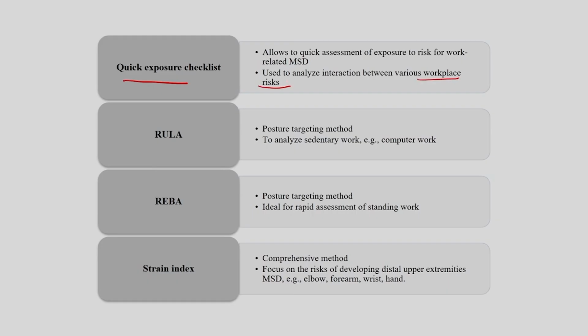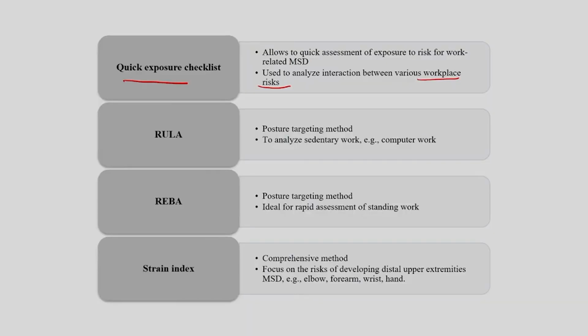First is the level of discomfort or level of risk, and then what are the associated workplace factors which are causing that risk, that we get from QEC. From RULA, it's a very posture targeting method, and it helps us to analyze sedentary work like seated posture.